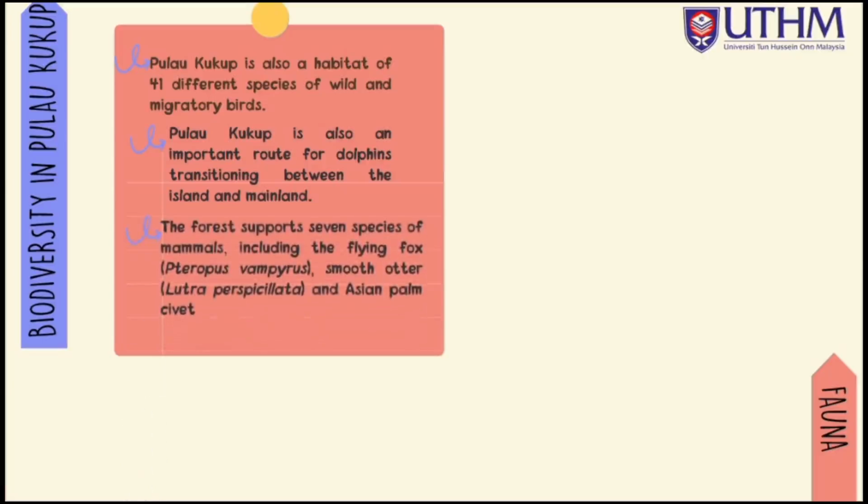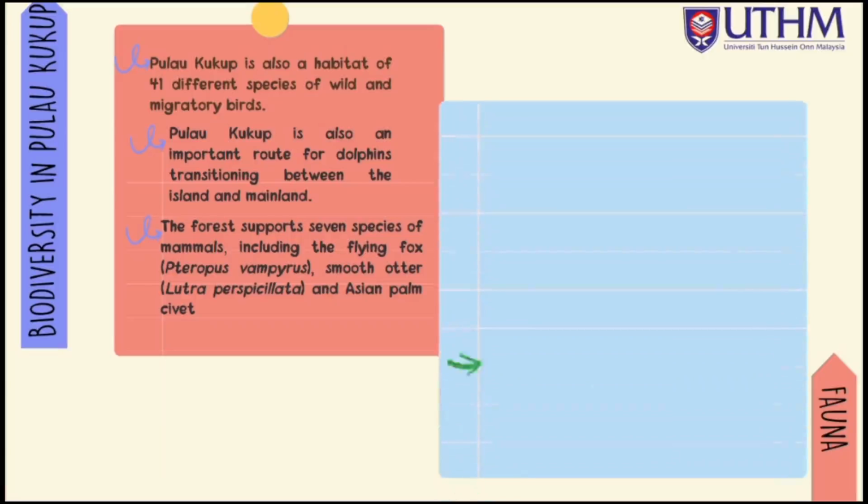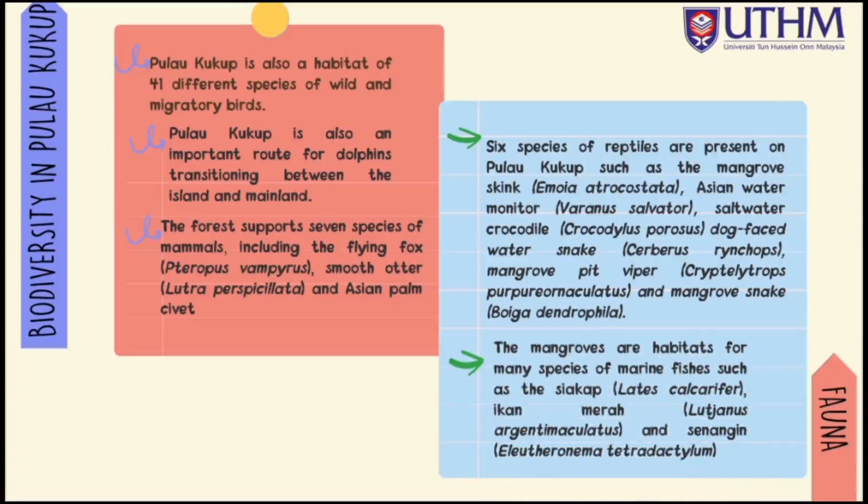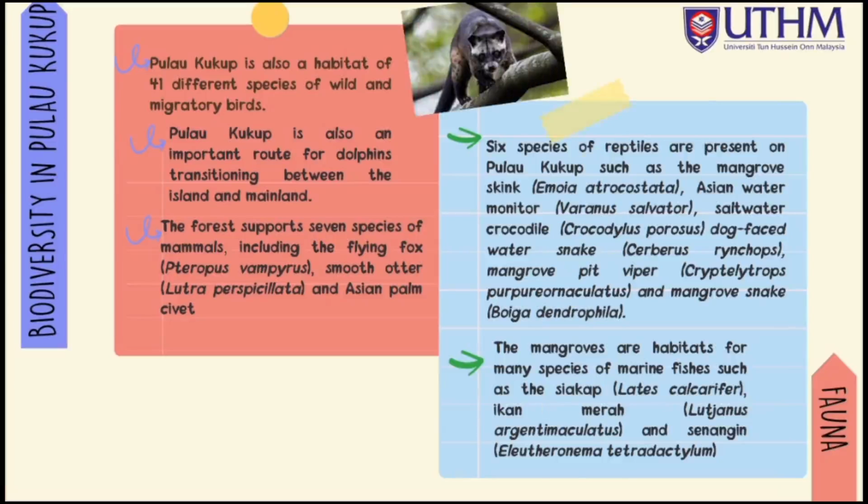The forest supports 7 species of mammals, including the pole fork, smooth otter, and Asian palm civet. 6 species of reptiles are present on Pulau Kukup, such as the mangrove skink, Asian water monitor, saltwater crocodile, dog-faced water snake, mangrove pit viper, and mangrove snake. The mangrove are habitat for many species of marine fishes such as the siakap, ikan merah, and senangin.